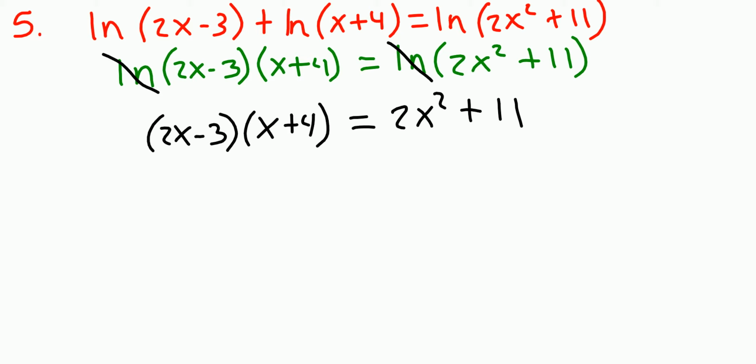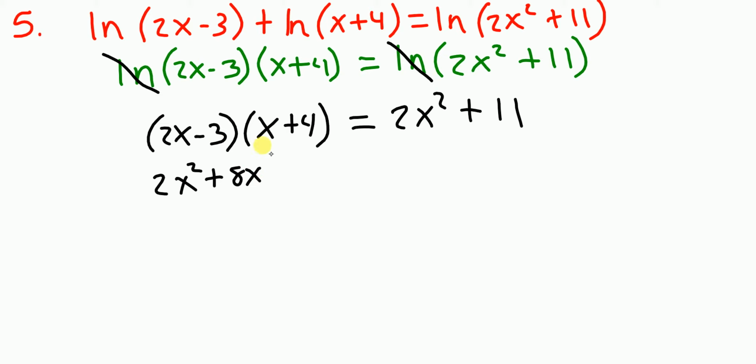Okay, now we're going to FOIL these two together. Remember, FOIL: first, outer, inner, last. So 2x times x gives me 2x squared. 2x times 4 gives me 8x.